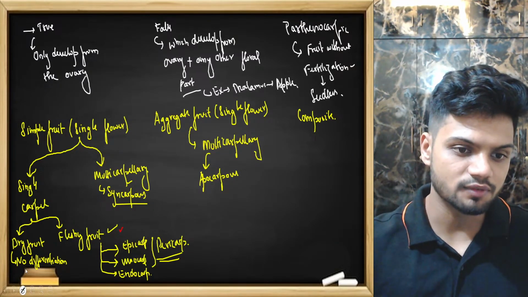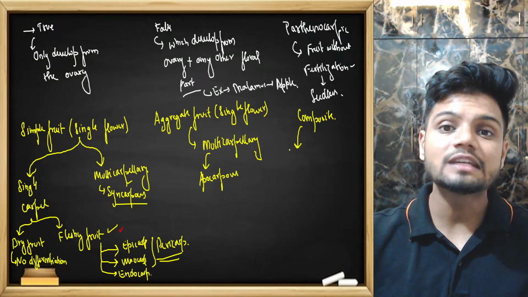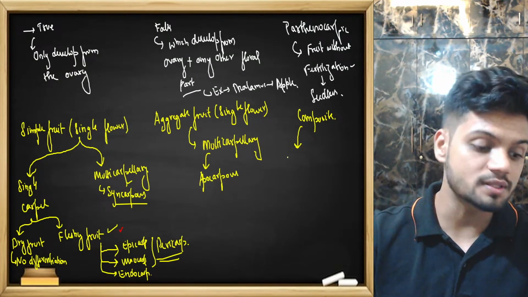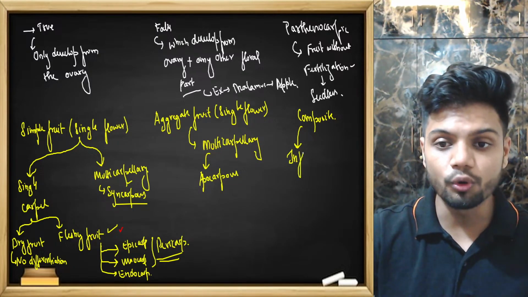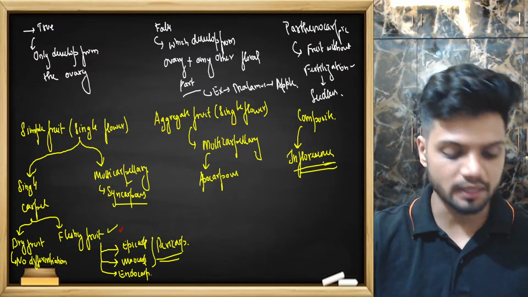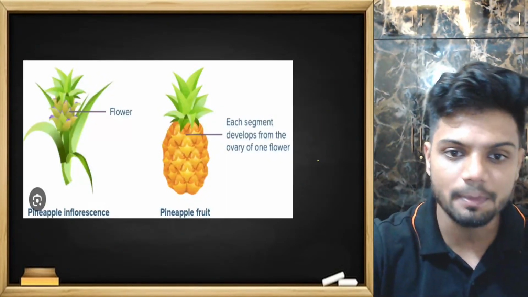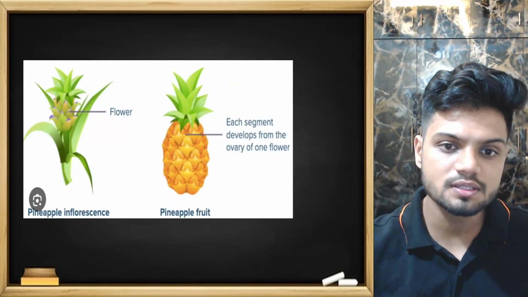Now, what is composite fruit then? Understand the difference. Your composite fruit will develop directly from an entire inflorescence. The entire inflorescence can convert into a fruit. For example, pineapple. See this. This is a pineapple inflorescence.